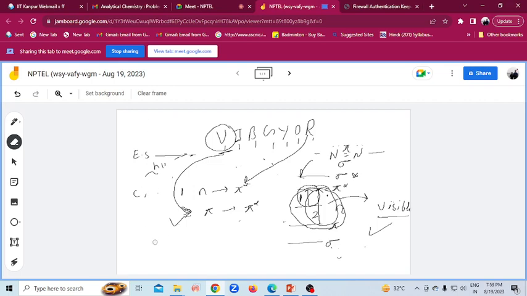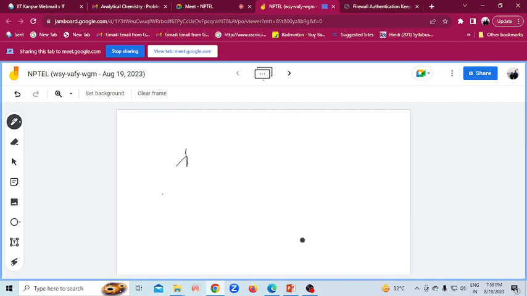So what are these? For an electromagnetic ray, wavelength means this distance from here to here, which is known as lambda. And frequency means how many lambda pass through this slit in 1 second.